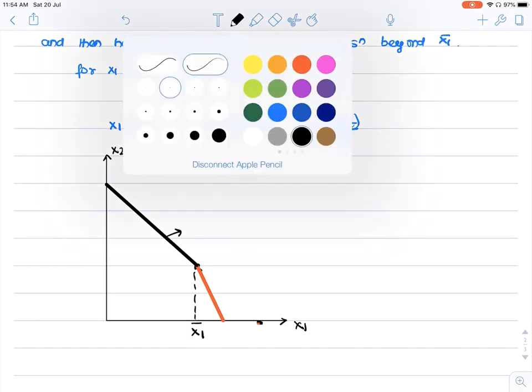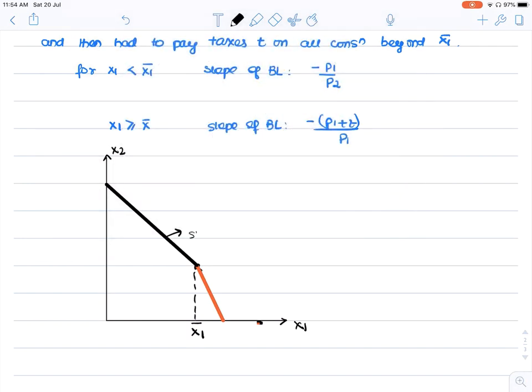So you can straight away write the slope of this as P1 by P2, and the slope of the red portion as P1 plus T upon P2. Right, so this is the first example of the kinked budget line.